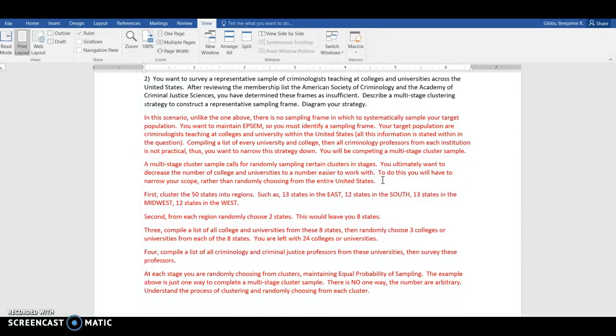And really, in sampling, that's what you want. You want your sample to mirror, on every characteristic, the target population. In this situation, it's criminologists operating in the United States. However, when you sample, that doesn't necessarily happen, and there are slight variations to that. We call that the sampling error.